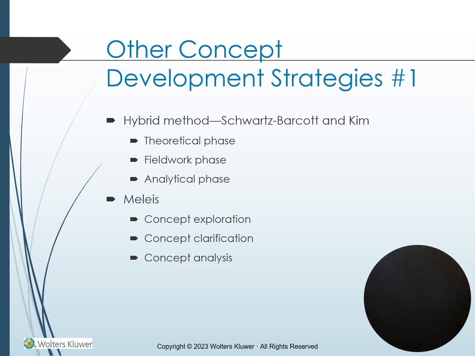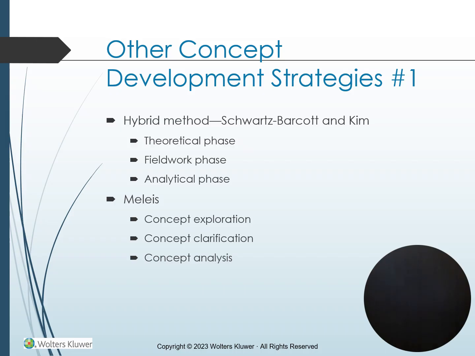So what are some other concept development strategies out there? There are several and many out there, theorists who have them. Another one is a hybrid method by Schwartz-Barcott and Kim. They have what they call the theoretical phase, the fieldwork phase, and then the analytical phase. And it's just as it says: theoretical, fieldwork, and analytical.